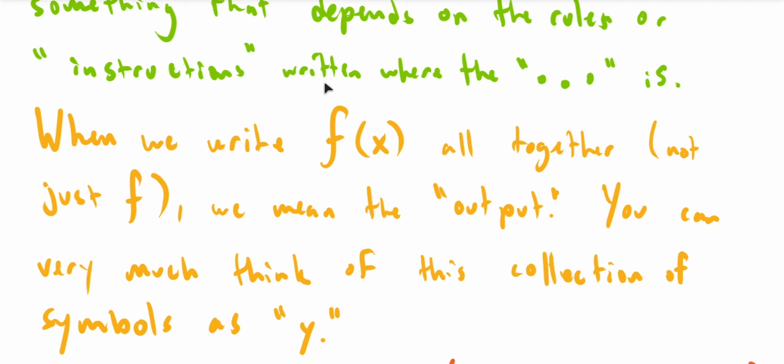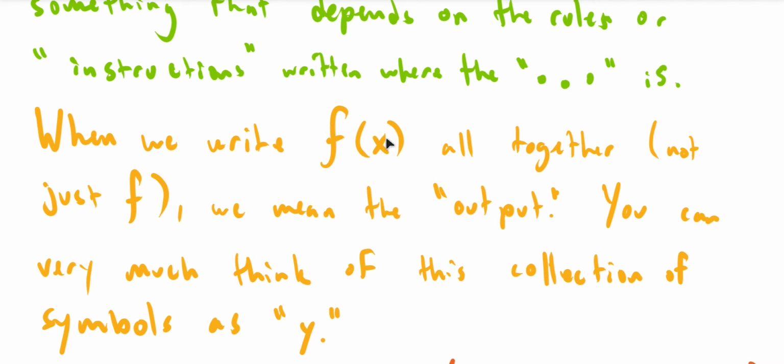Now, when we write this whole collection of symbols, pronounced f of x, then altogether, you could think of that like the total output. You could think about this expression, f of x, as meaning y. That's totally fine. If you want to think about f of x and y as being very similar to each other, then go right ahead.